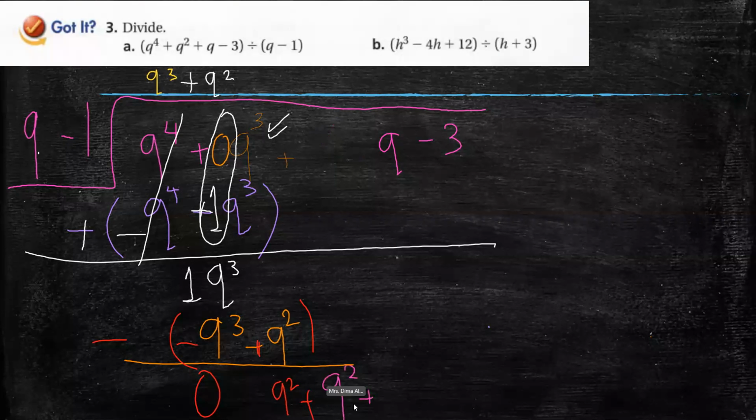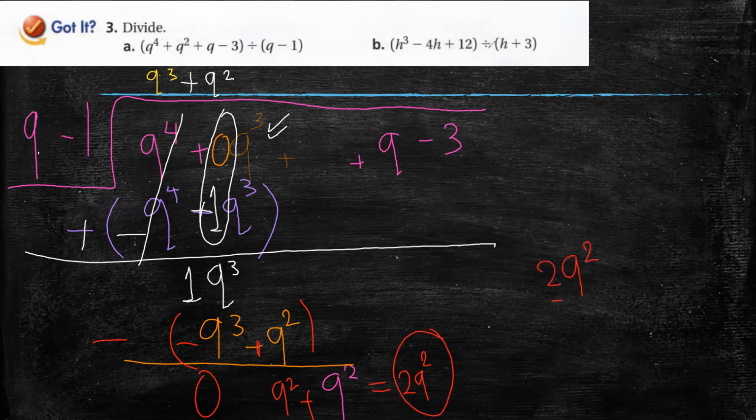So here we have q squared, plus I will bring this q squared and write it down here. So q squared plus q squared is 2q squared. Bravo. So I have now 2q squared. Now let's divide 2q squared into q only. So 2q squared over q, we have 2q.